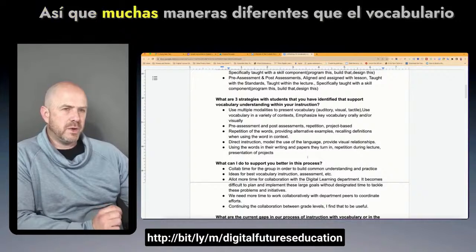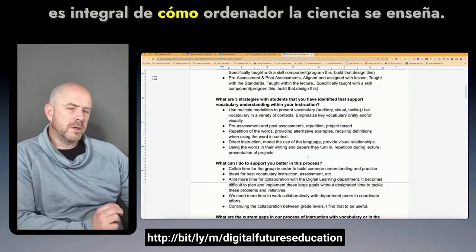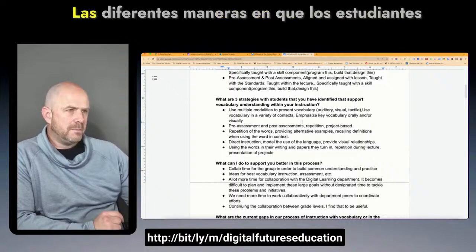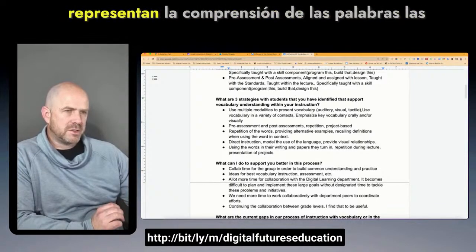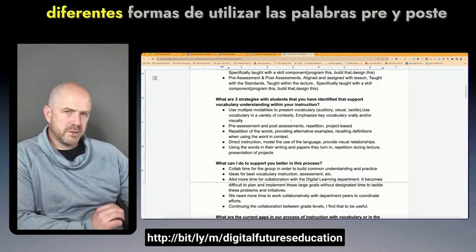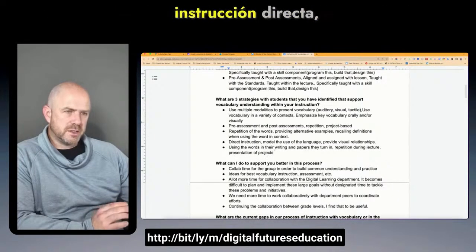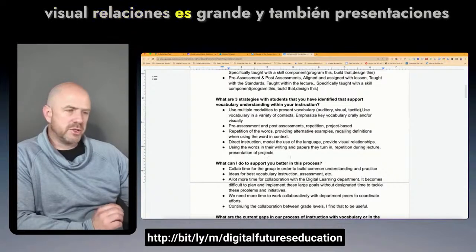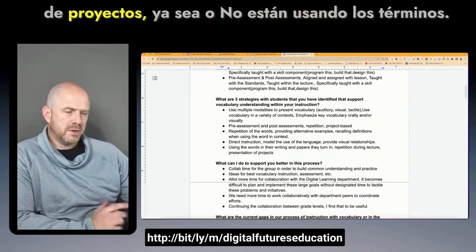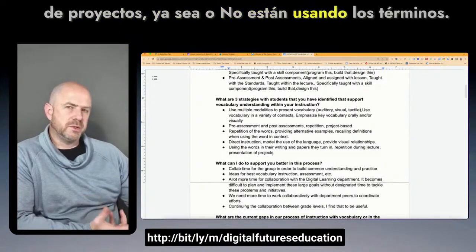So a lot of different ways that vocabulary is integral to how computer science is taught, the different ways students represent the understanding of the words, the different ways they're using the words, pre and post assessments, of course, repetition, alternatives, direct instruction, visual relationships is great, and also presentations of projects, whether or not they're using the terms.